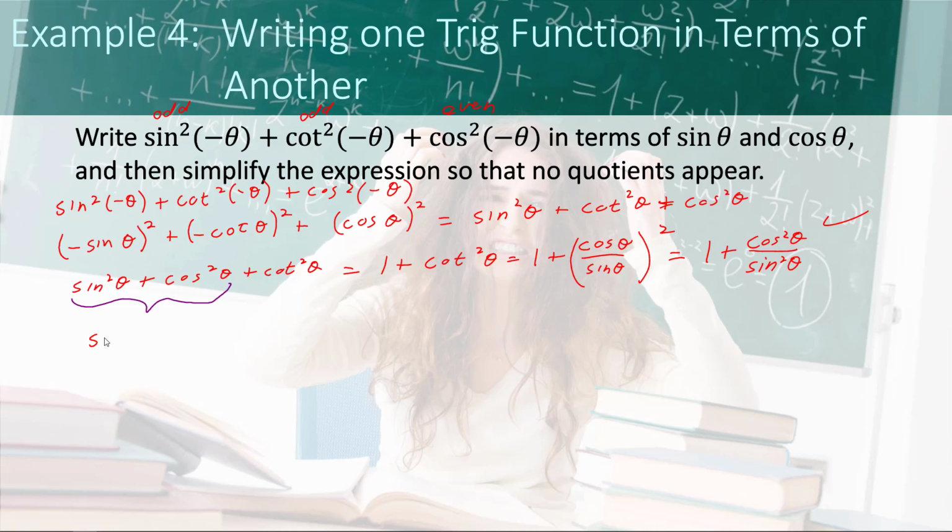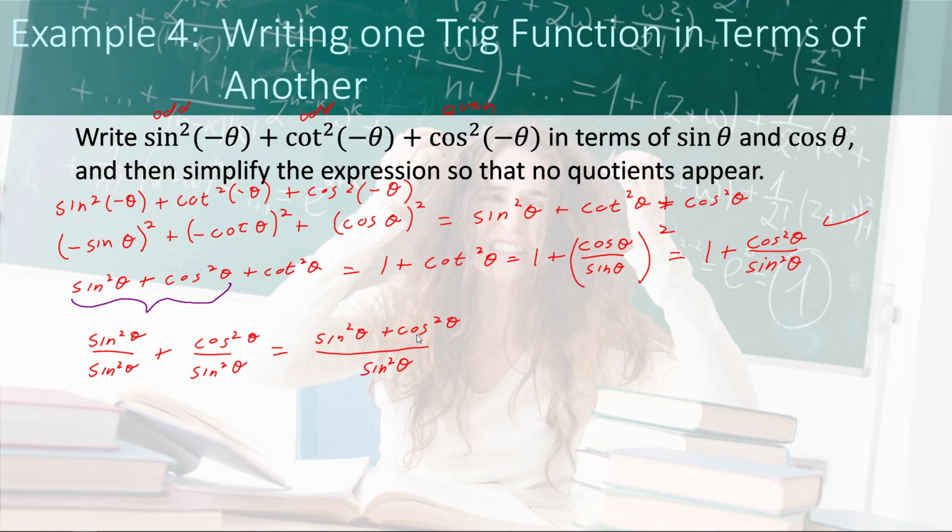So we will have sine squared theta over sine squared theta plus cosine squared theta over sine squared theta. And you can probably see how this is going to play out with a common denominator. We can write this as sine squared theta plus cosine squared theta all over sine squared theta.